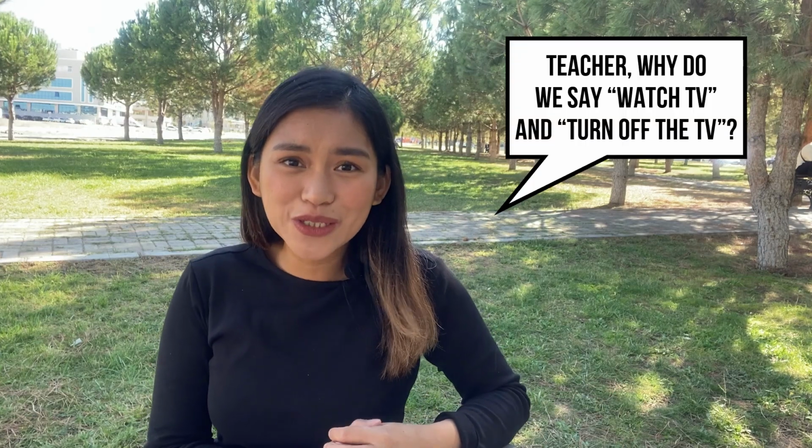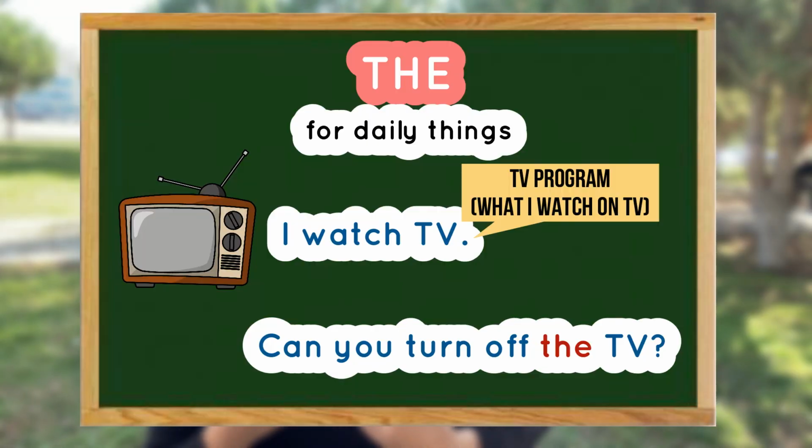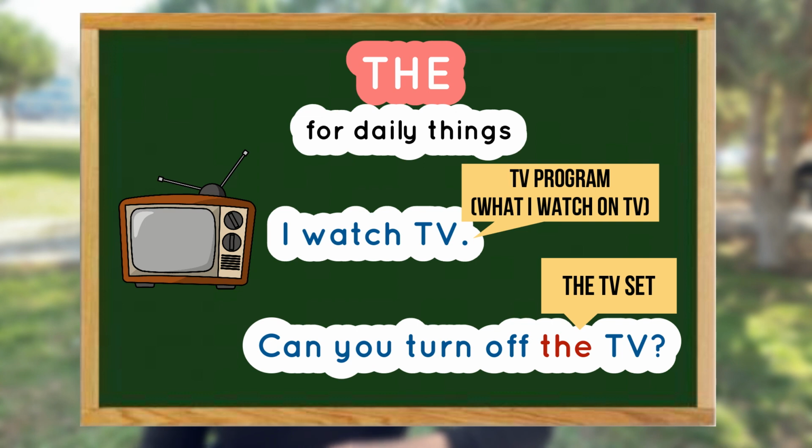Teacher, why do we use watch TV and turn off the TV? I watch TV is I'm talking about a TV program, what I watch on TV. Can you turn off the TV? The TV here is talking about the TV set. So that's the difference.